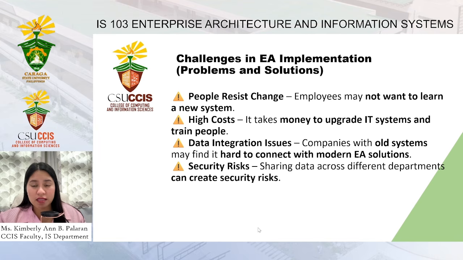If you upgrade your system, you have to spend. If you want to look good, you spend. If you want a nice system, you really have to spend. Data integration issues. Companies with old systems may find it hard to connect, especially in migration, which takes a long time. Security risk: sharing data across different departments can create security risk. So it will be prone to leakage.